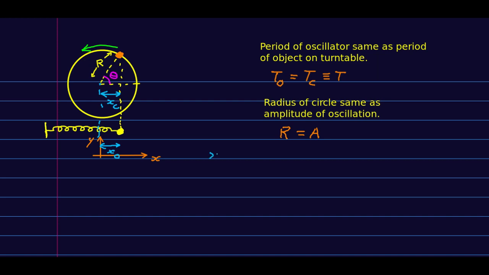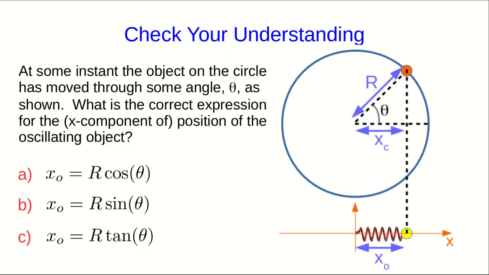So the other thing we have is that x for the oscillator is the same as, this is really the x component of the position vector of the thing going in a circle. And these things are going to be the key for us being able to write down what the position of the oscillator is as a function of time. That's our goal here.